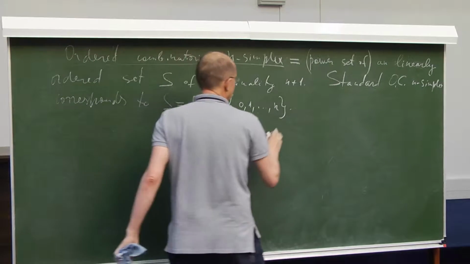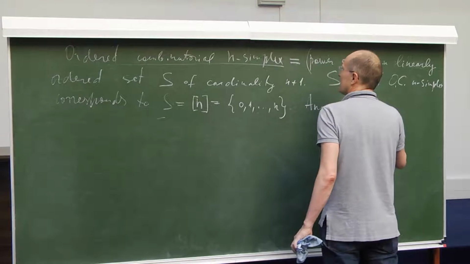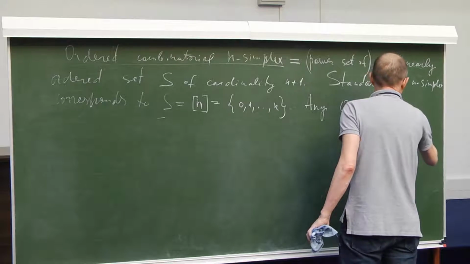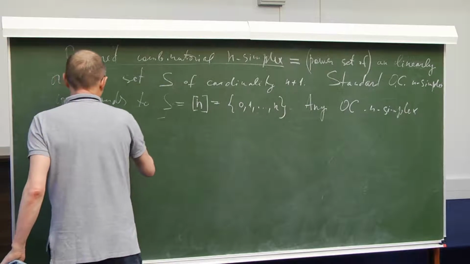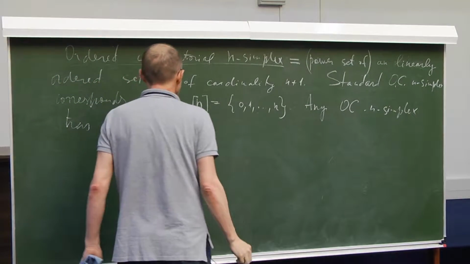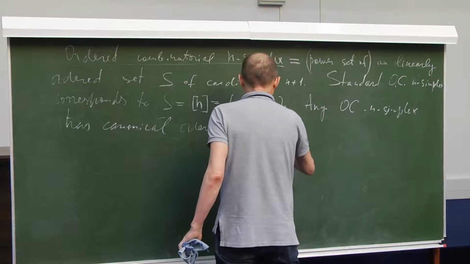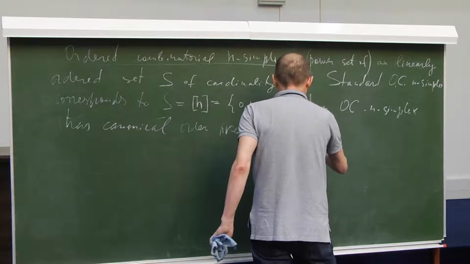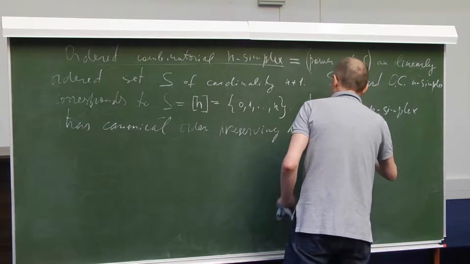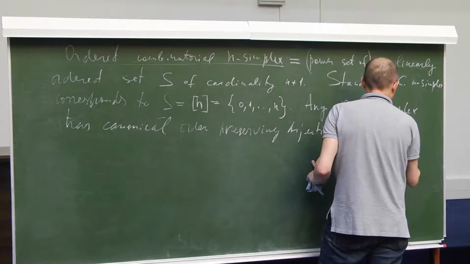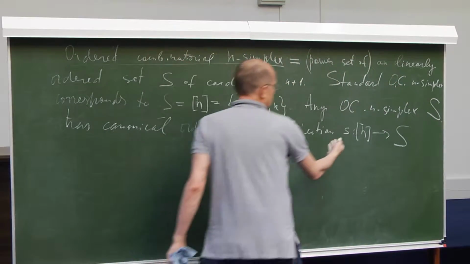Okay, let me first remark that any ordered combinatorial n-simplex has a canonical order-preserving bijection, little s, which goes from the standard simplex to the simplex S. So it's clear, right?